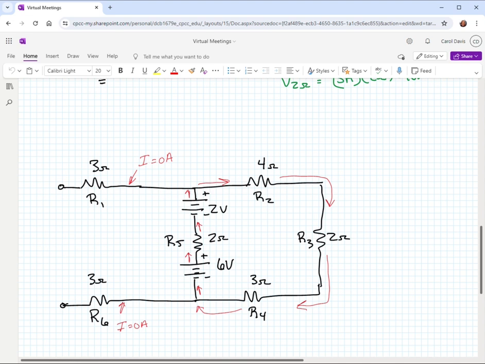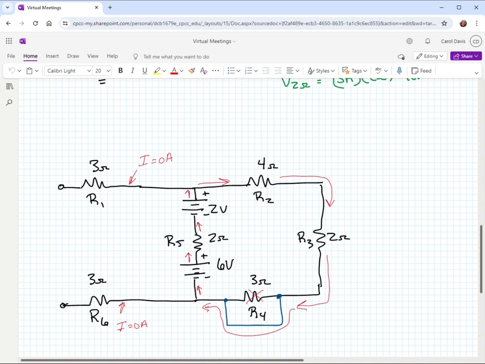Now, what I'm going to do though is add maybe another pathway around R4 just to make it interesting and say, okay, so when the current comes to that 3 ohm resistor here, instead of going through the 3 ohm resistor, it's going to go around the 3 ohm resistor. And so I'm going to have no current there.